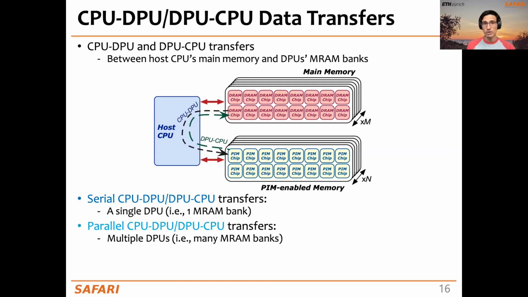There are parallel CPU-DPU and DPU-CPU transfers. In this case, we target multiple DPUs or multiple MRAM banks at the same time. And there are broadcast CPU-DPU transfers. In this case, we target multiple DPUs, but we transfer a single buffer to all DPUs.